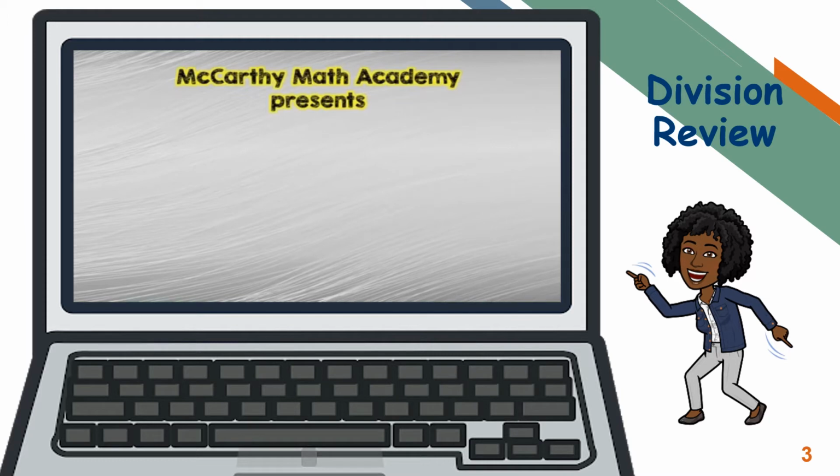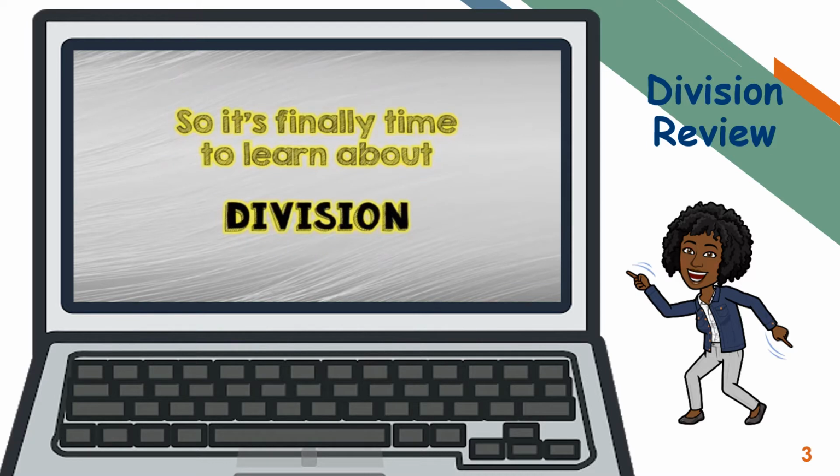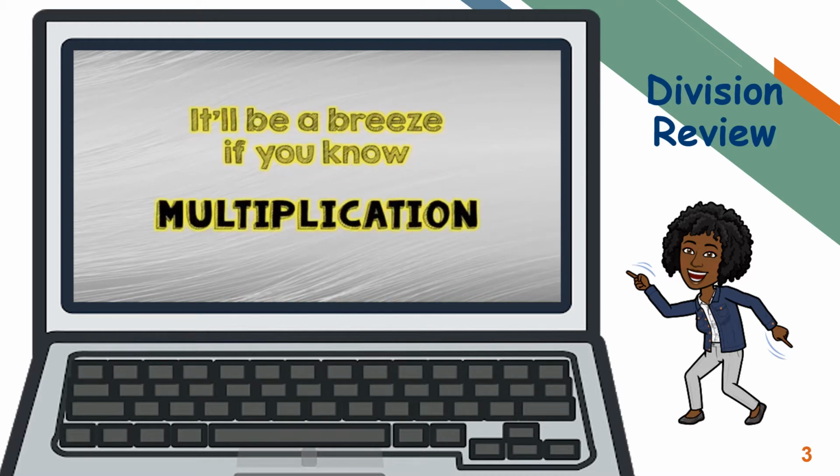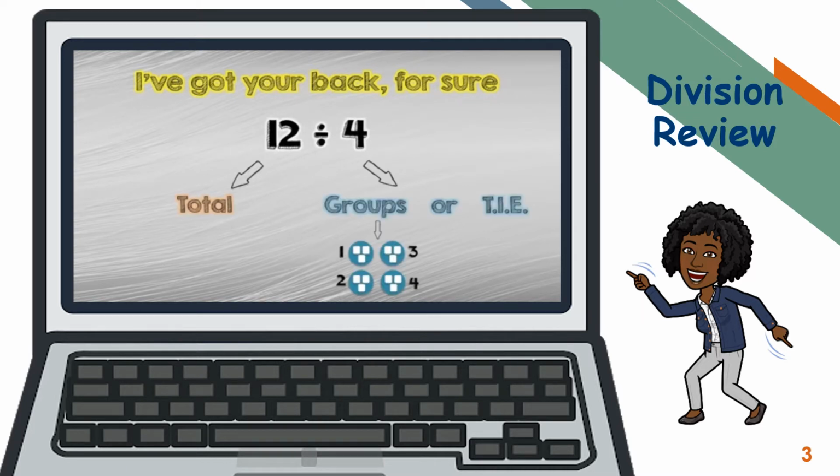You thought multiplication was fun. Let's break down that division, y'all. Here we go in 1, 2, 3, 4. So it's finally time to learn about division. Oh, it'll be a breeze if you know multiplication. I've got your back for sure. 12 divided by 4. 12's the total and 4 can be the group so tight. Yo, what does tie mean?